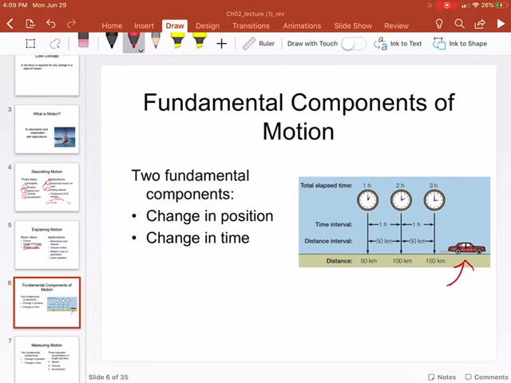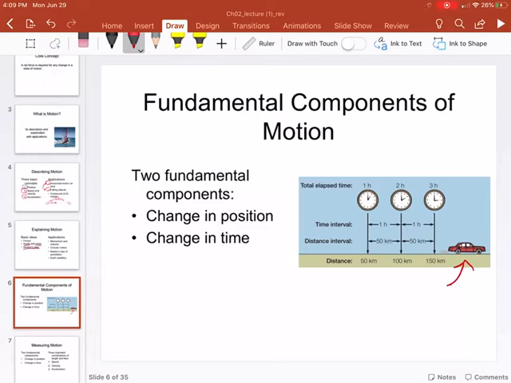That's called a reference point. So when those things stay behind, you can tell that the car has gone from one position to another. So there's a change in position. And then it also had to take a certain amount of time in order to do that.